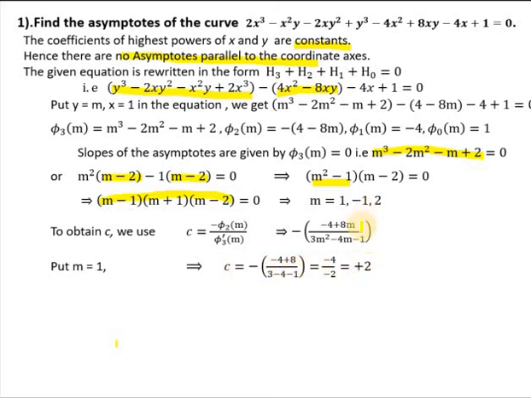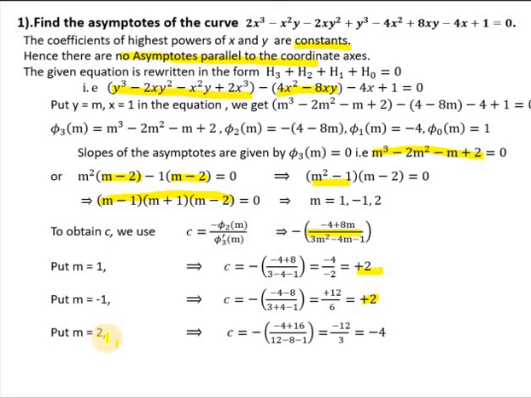And similarly we will find the values of c for the other two roots also. When m is equal to minus 1, c is equal to minus of minus 4 minus 8 by 3 plus 4 minus 1. Substituting the m value in this equation, we get 12 by 6, it is plus 2. For m is equal to minus 1 also, we get c value plus 2.